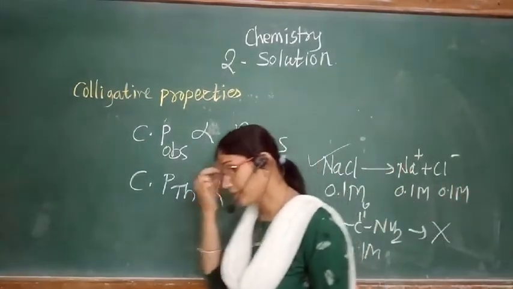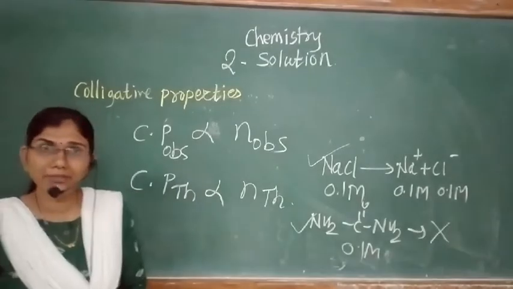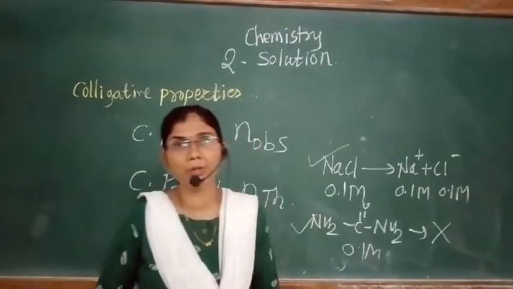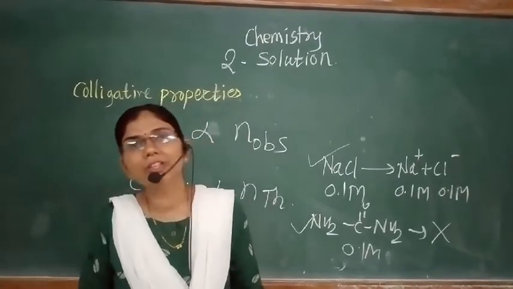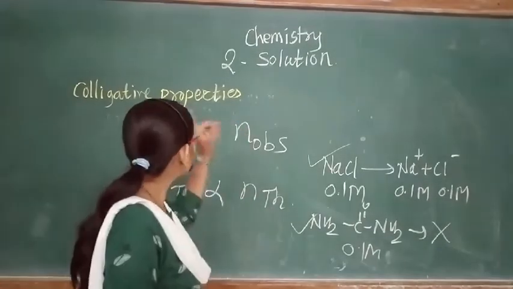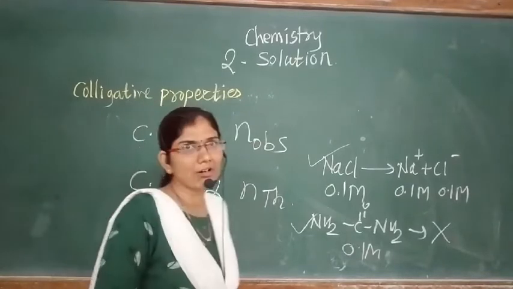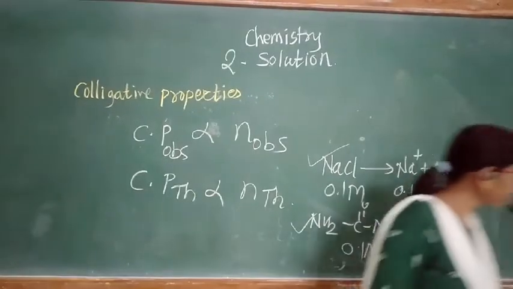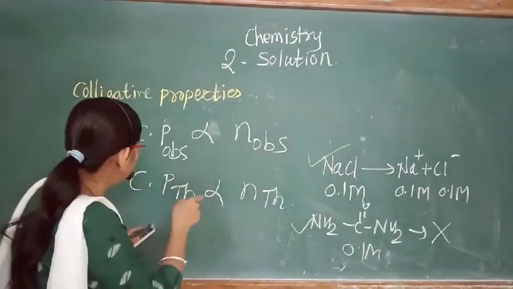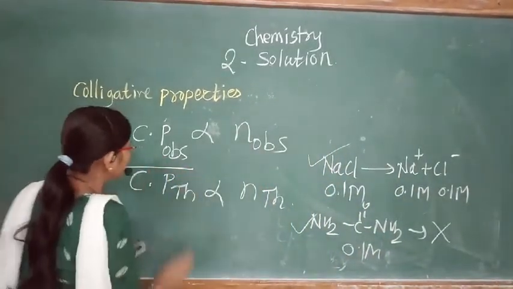Therefore the relation between the colligative properties for the electrolyte and the colligative properties of the non-electrolyte is given by one factor, and that factor is called the van't Hoff factor.